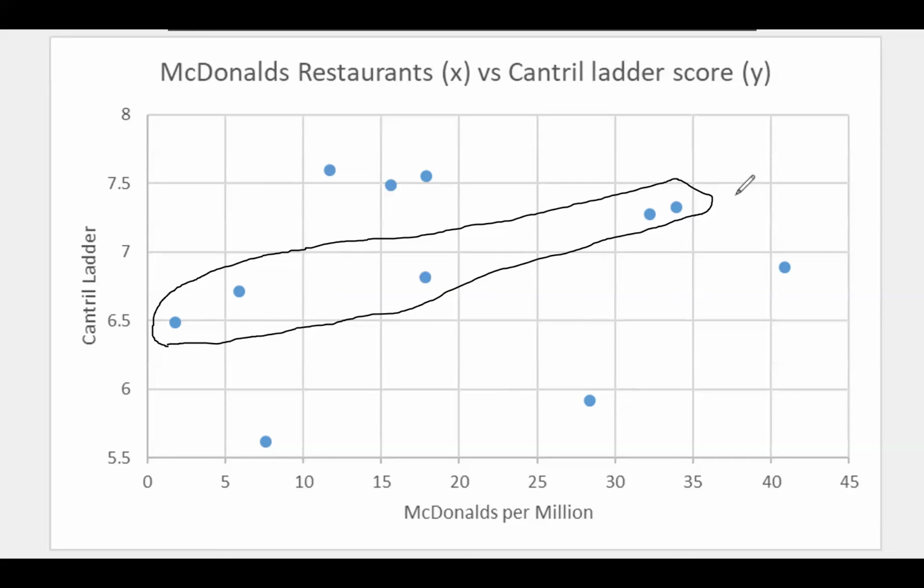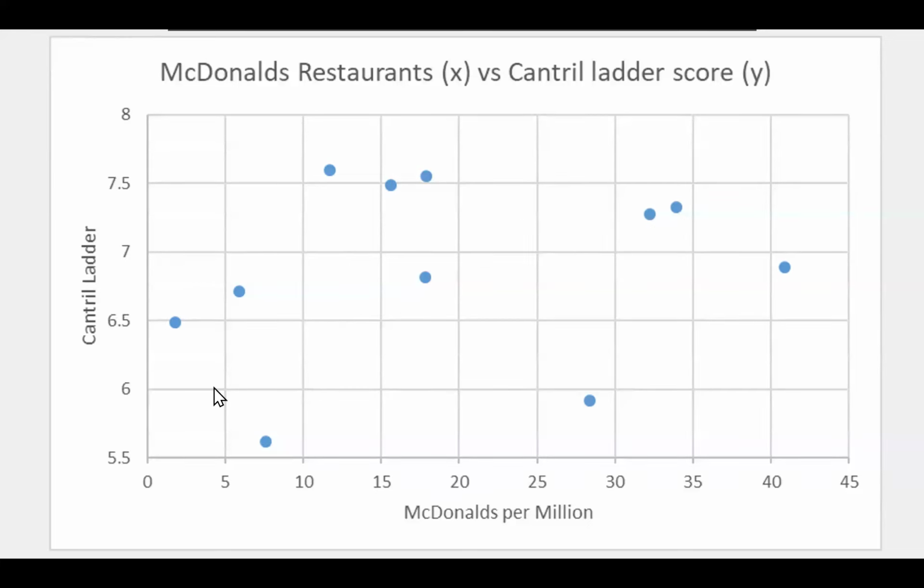So if you just focused on those 5 points, then you would walk away thinking, yep, as the McDonald's per million people goes up, the overall level of happiness is also going up. So if you focus just on data that you like, or you ignore stuff that you don't like, then you can kind of paint any narrative that you want.